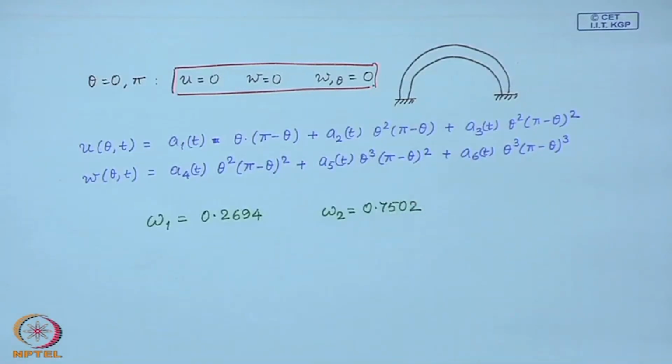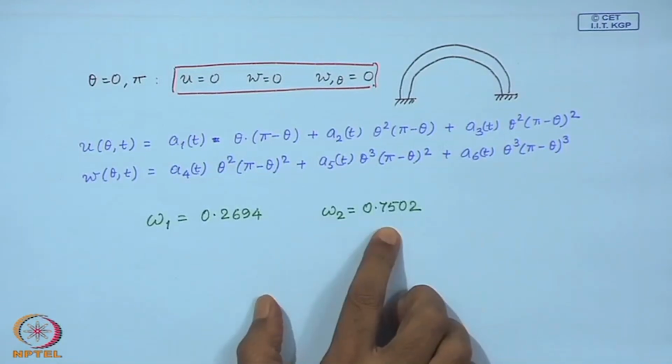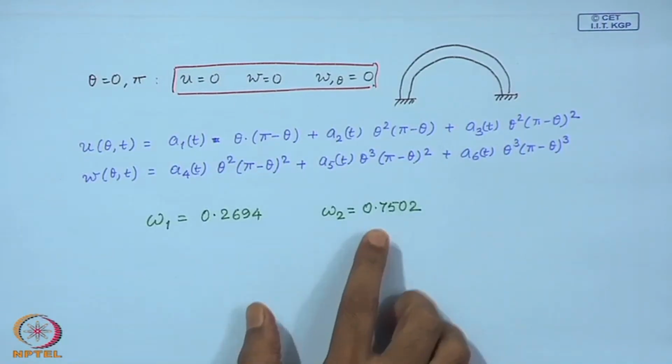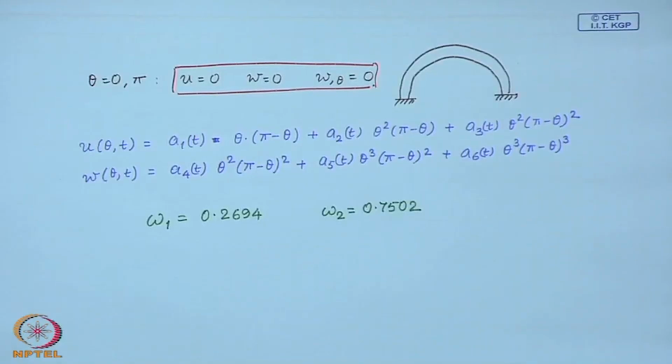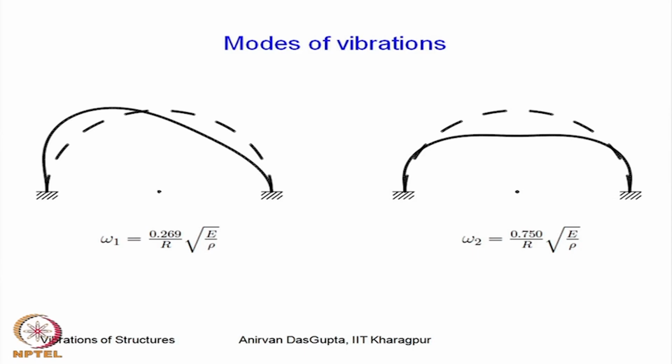So, the non-dimensional circular eigenfrequencies appear as this; these are higher than the pinned case as we expect. So, here this figure shows the modes of vibration. Again, this first mode is the unsymmetric mode and this is the symmetric mode with higher frequency.